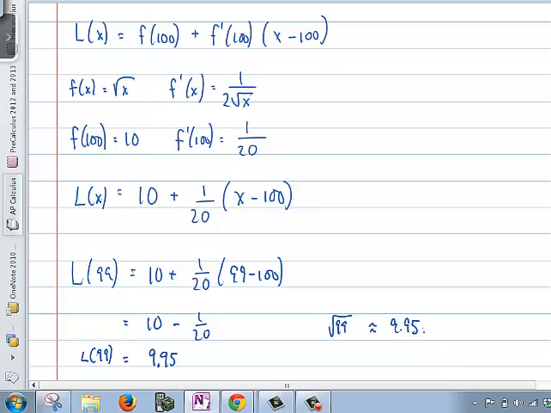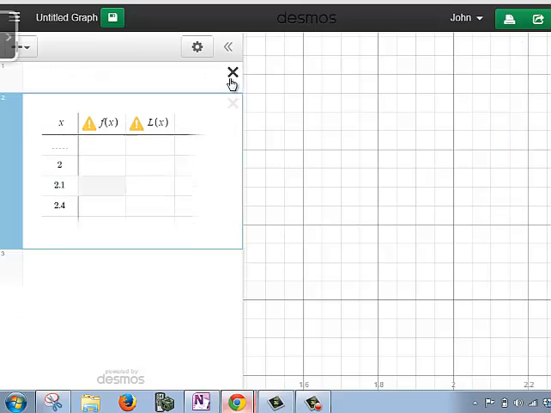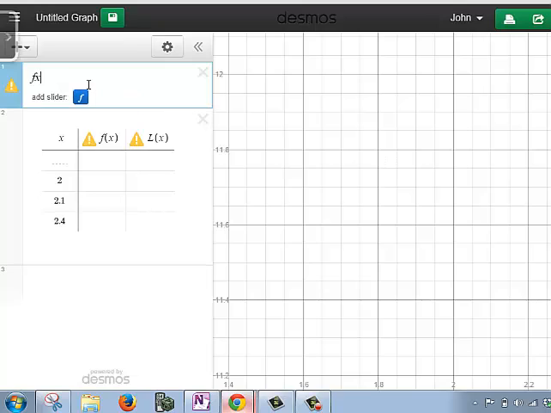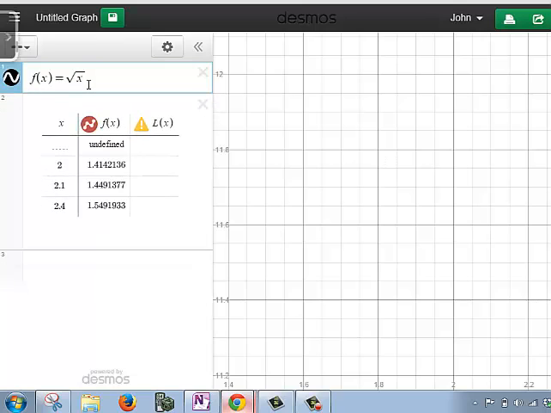I have a tool called Desmos, and I'm going to put in the square root function. Desmos is a free app, and what we can do with Desmos is change these functions, the ones that we're using. So I'm going to put in the function f of x is equal to the square root of x.